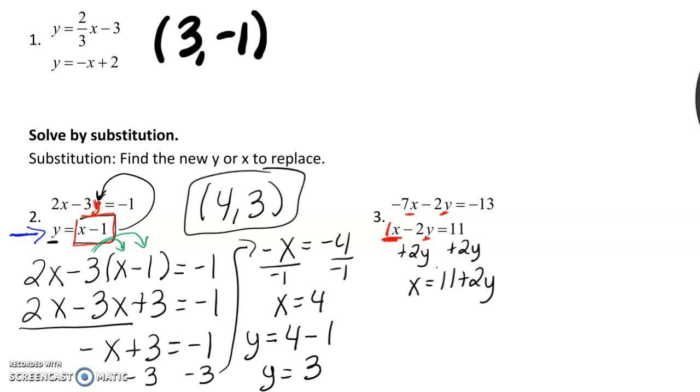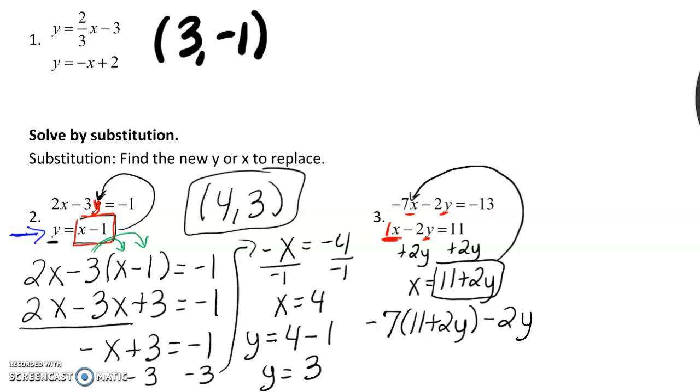Then I'm going to take what I got here for x and plug that into the other equation where there's an x. So now I have -7, right where that x was, I'm putting 11 plus 2y. And then I have minus 2y equals -13.